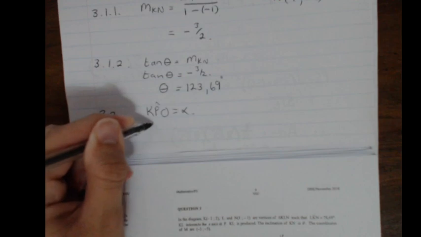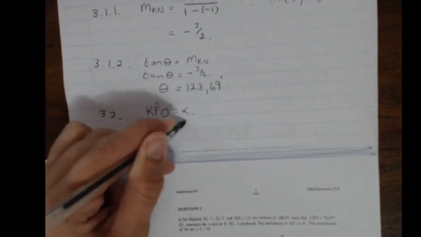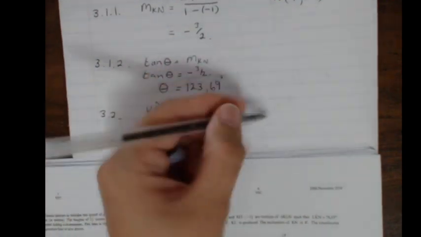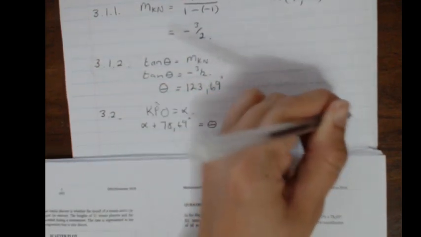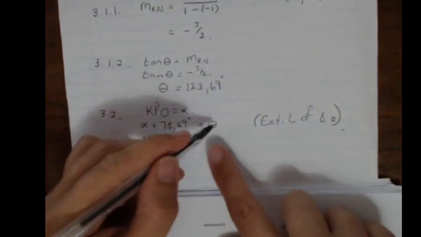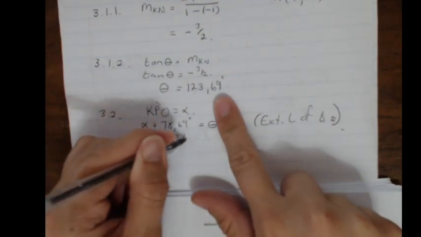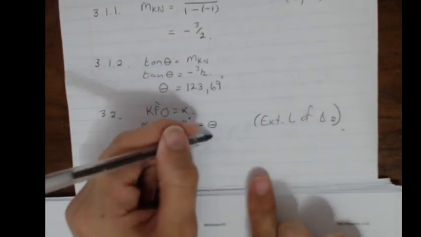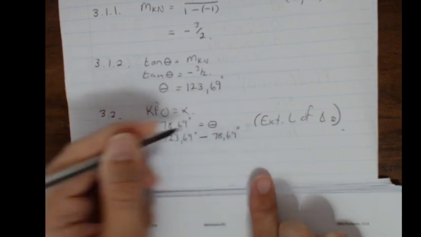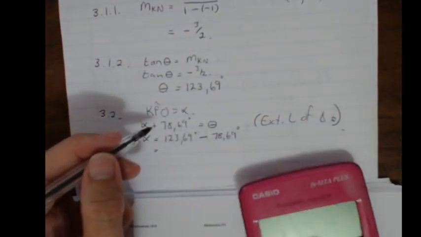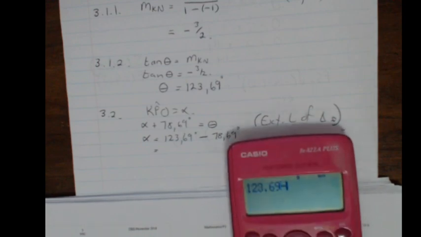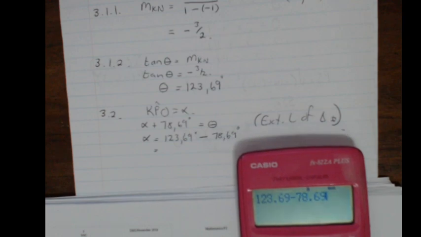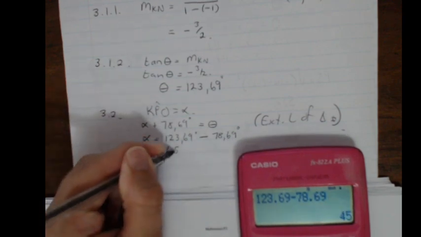So alpha plus 78.69 is equal to theta. So alpha is theta, which is 123.69, minus 78.69, giving me 45 degrees.